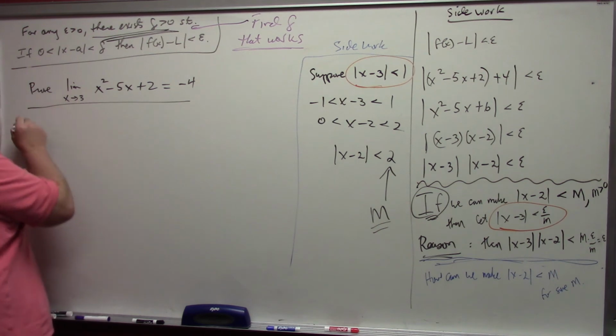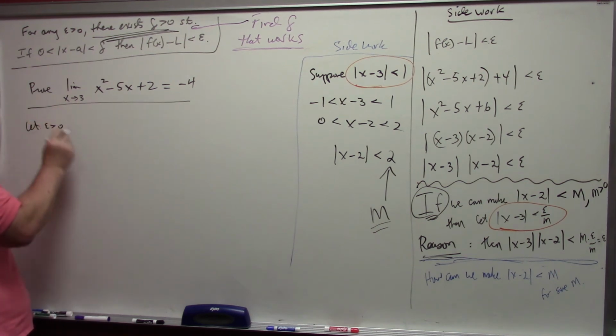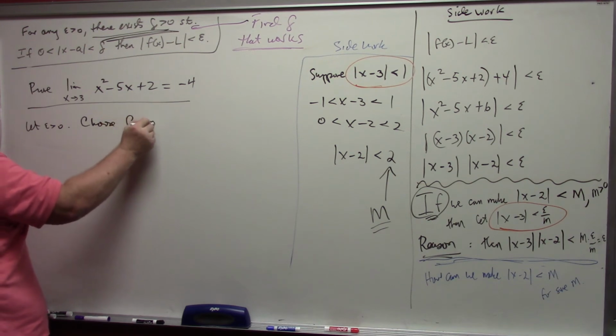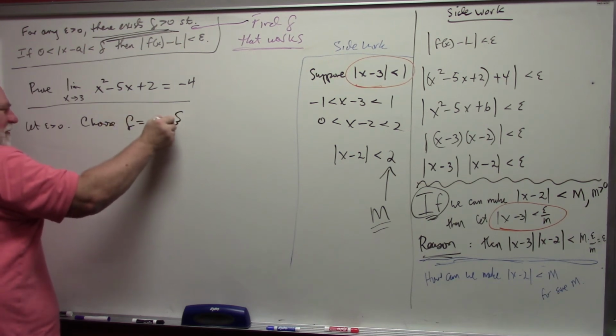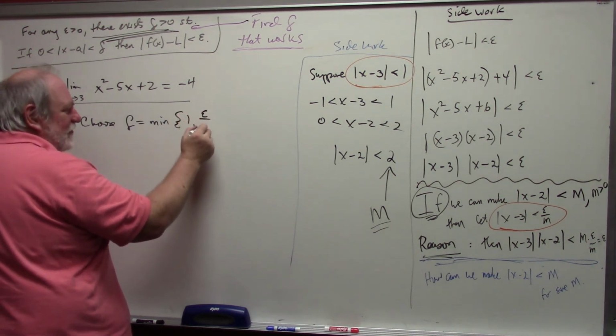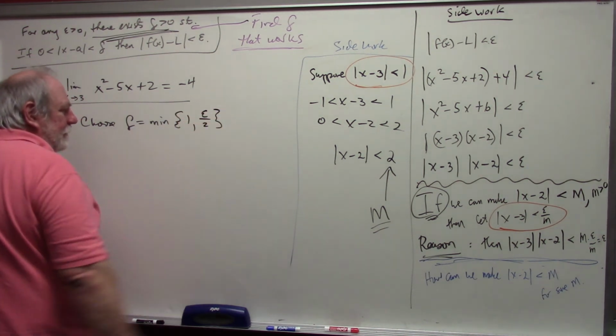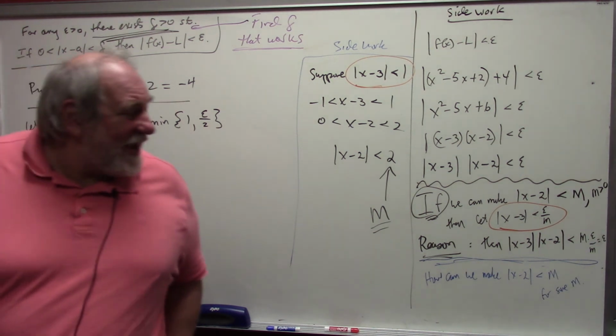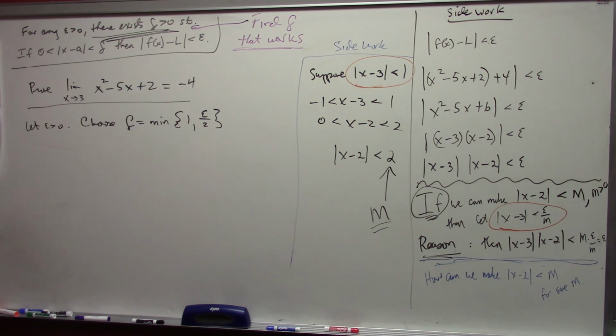So let epsilon be greater than 0. Choose delta to equal the min of 1 and epsilon over 2. Okay, it's like what I had in the last video. We need both of these circumstances to occur.